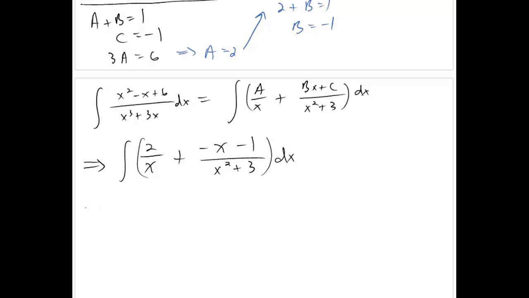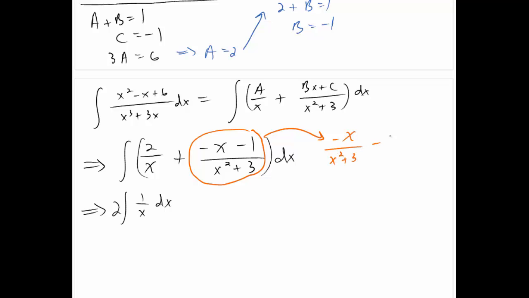I can break this up. So I'm going to write this as the integral of 2 times 1 over x dx. Now I've got that negative x minus 1. I'm going to break up that fraction into its two fractions. So I'm going to take this fraction and break that up as negative x over x squared plus 3 minus 1 over x squared plus 3.